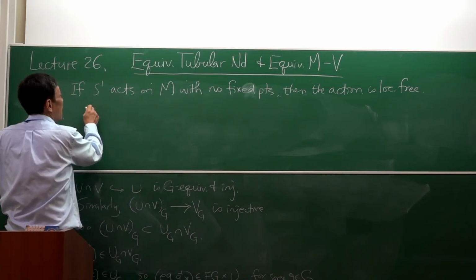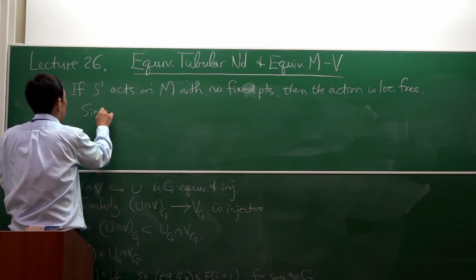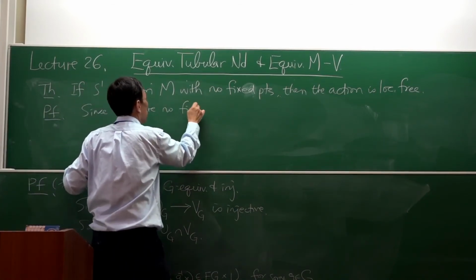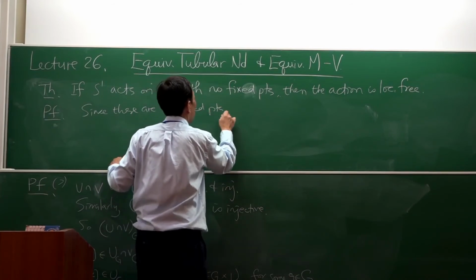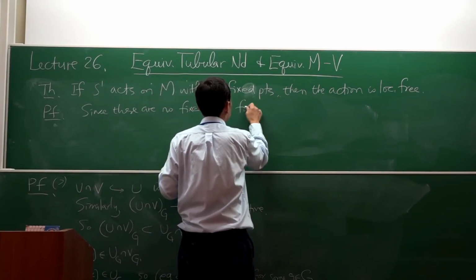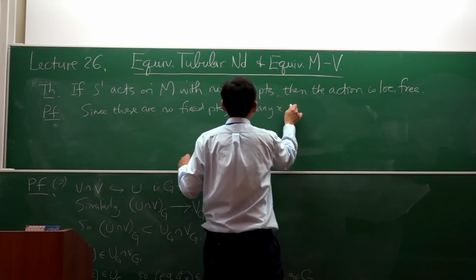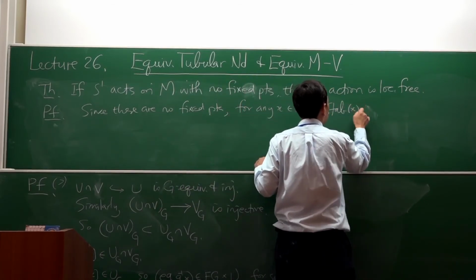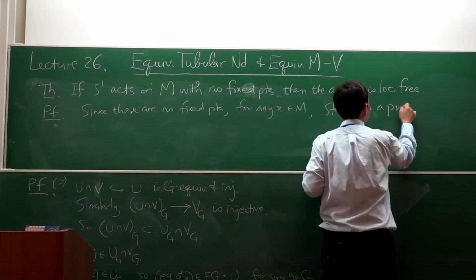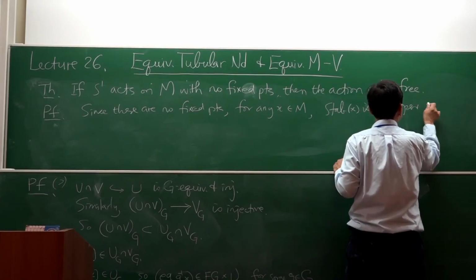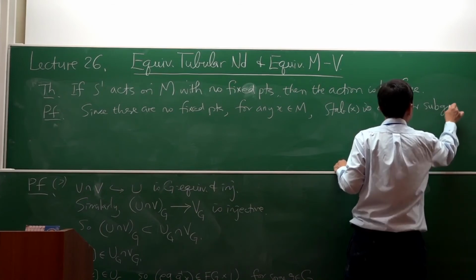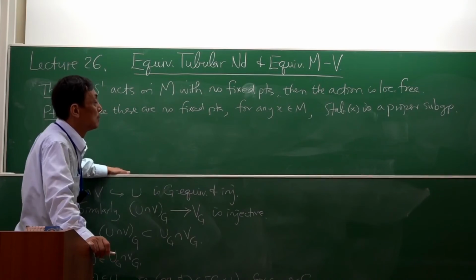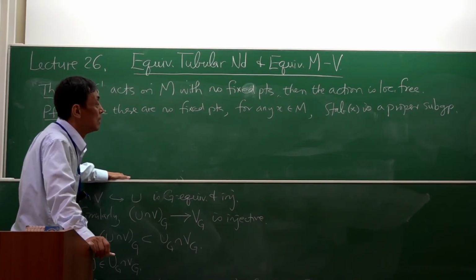So since there are no fixed points, for any x in M, the stabilizer of x is a proper subgroup.